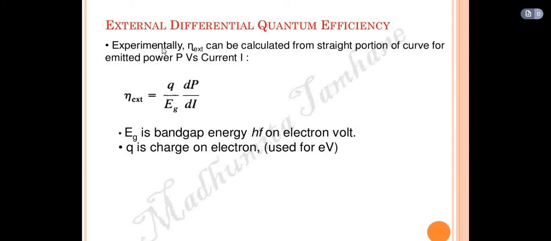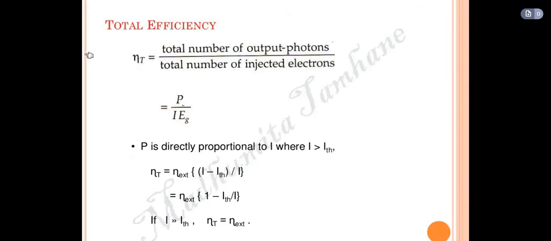What exactly are we finding? Experimentally, eta of external can be calculated from the straight portion of the curve for emitted power P versus current I. How do we get that? By using that relation. If we take both things into consideration, we can find the total efficiency, right?